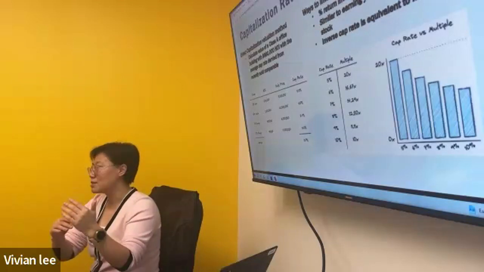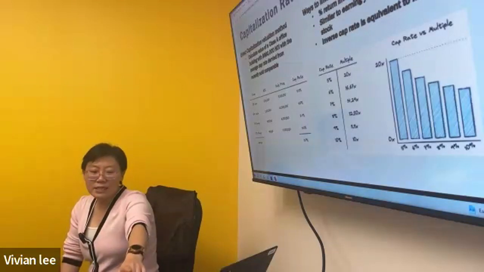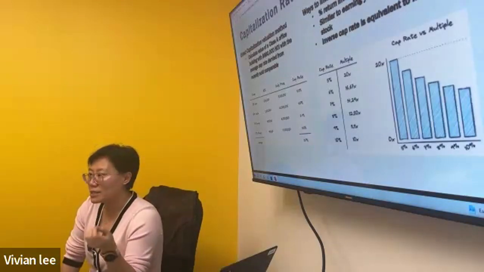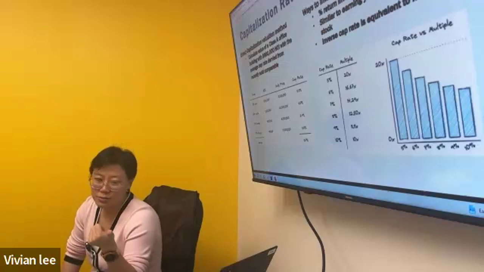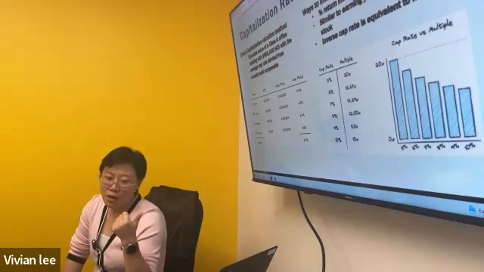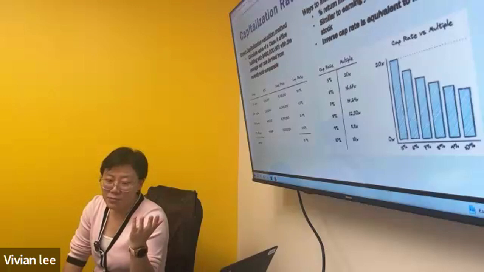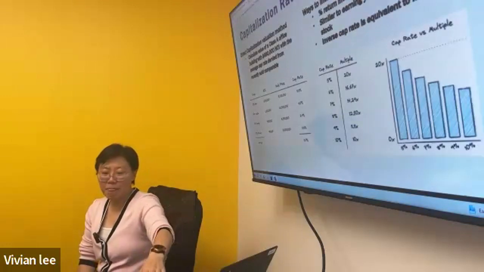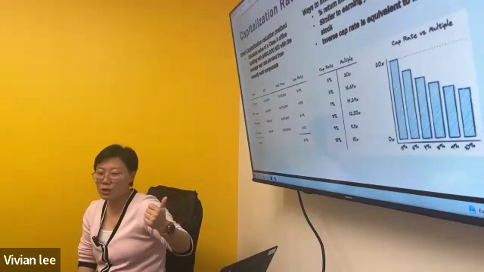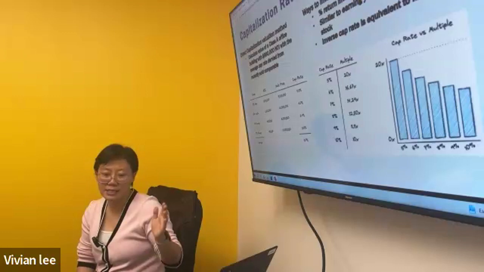So there's that conflict. If you envision the capitalization rate as a rate of return, right? Let's say you have a building that generates $980,000 of net operating income. It's a Class A office space.